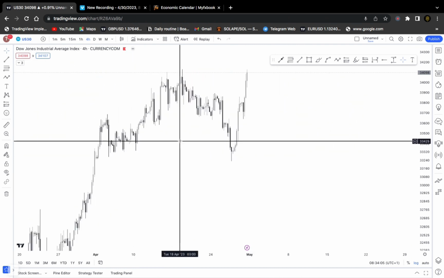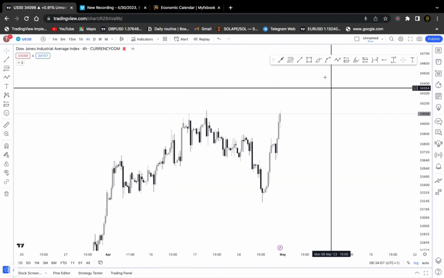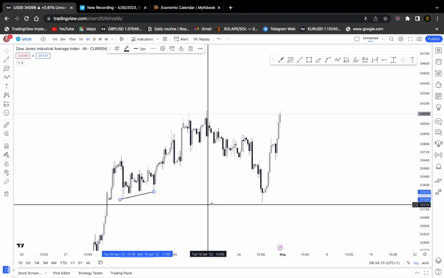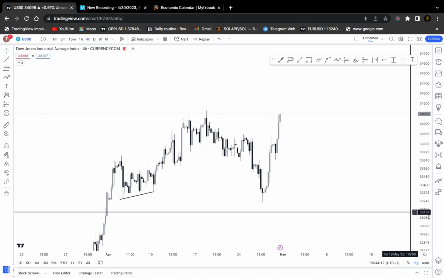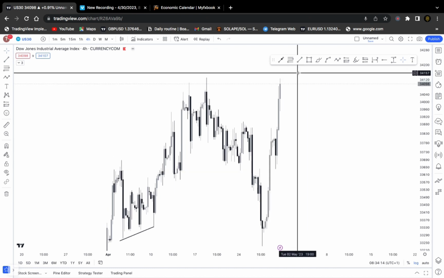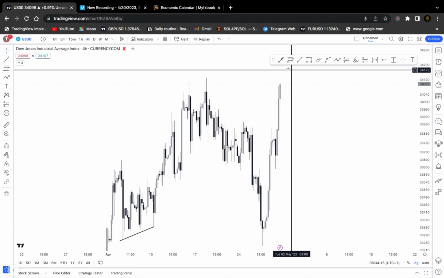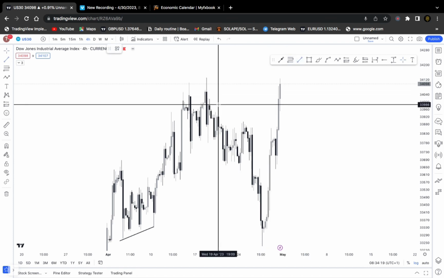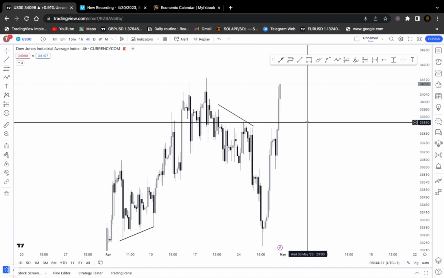But currently, we are experiencing a bullish correction. On our 4-hour time frame, we had some sort of liquidity at that point. The market swept it out, and the market continued taking progress to the upside, and also we still have some series of liquidity at the bottom that the market has currently taken out.